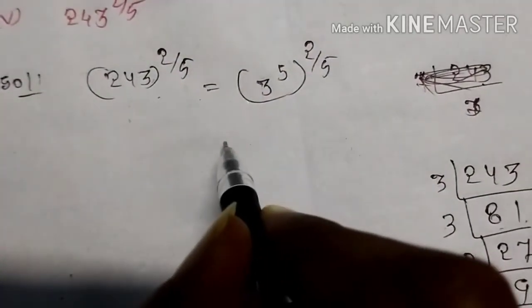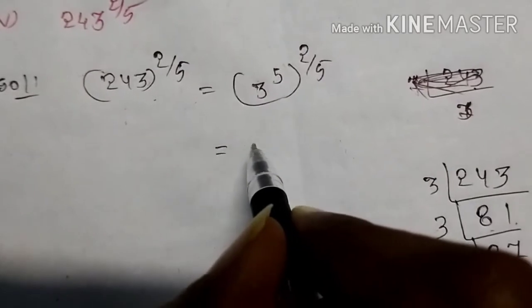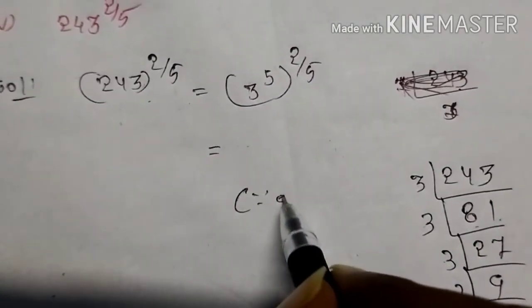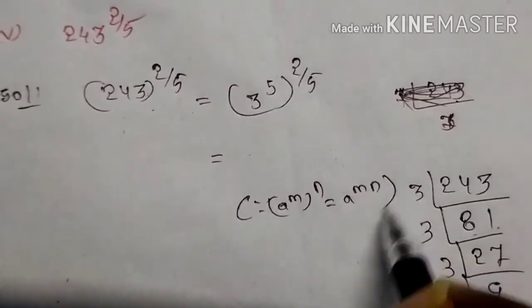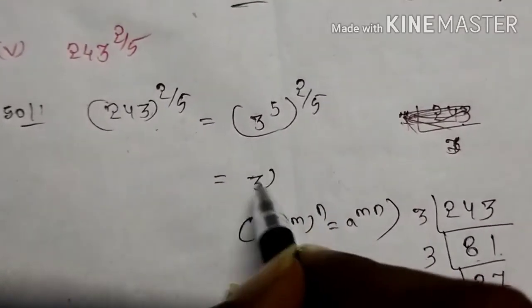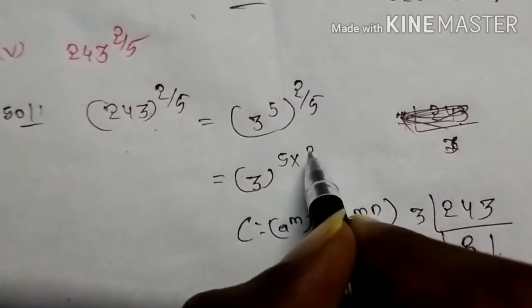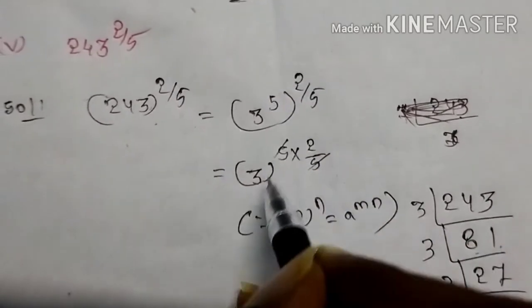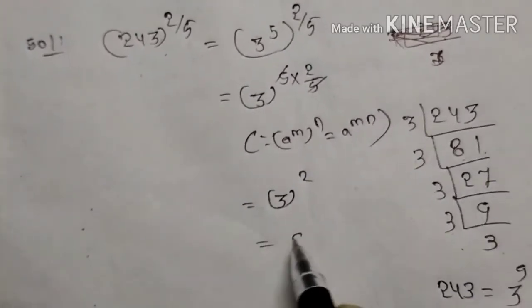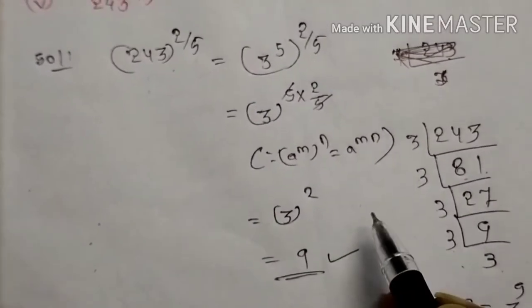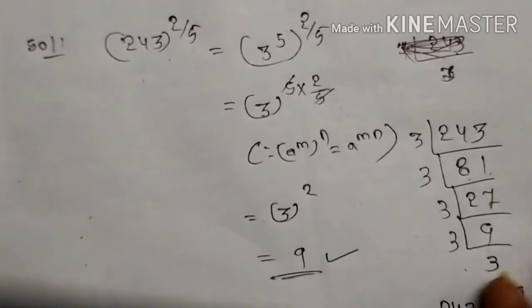You know that already I told in the previous problem, a to the power m whole power n is equal to a to the power m into n. Yes or no? So can I use here 3 power 5 into 2 by 5? 5 cancel, you know that. Here you will get 3 square. 3 square value is how much? 9 is your answer. In this way you can do the remaining problems in the same way.